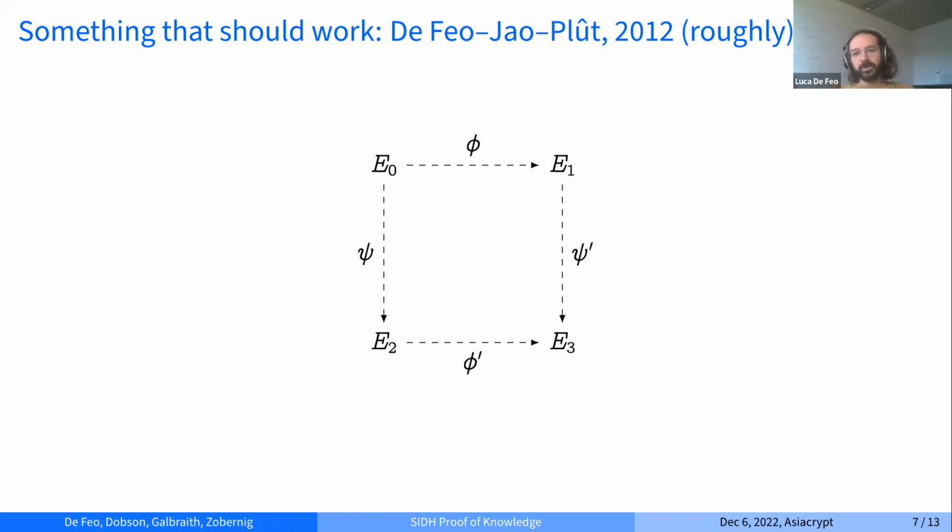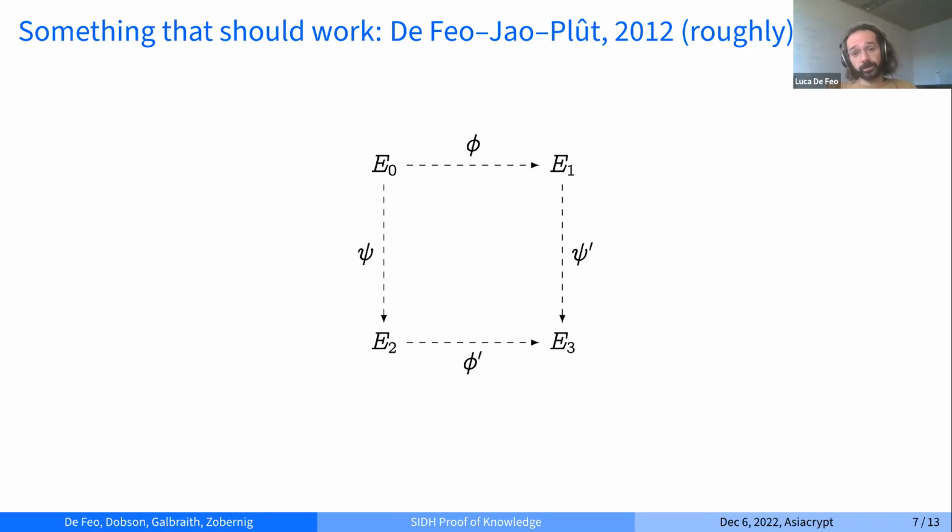Now, here's a protocol that intuitively should work, and that's a protocol that with David Zhao and Jerome Plut, we proposed back in 2012 when we first introduced SIDH. The idea is, let's do the same thing as the commutative triangle, the graph isomorphism, but instead of revealing 1 out of 2 possible answers, we will reveal 1 out of 3 possible answers.